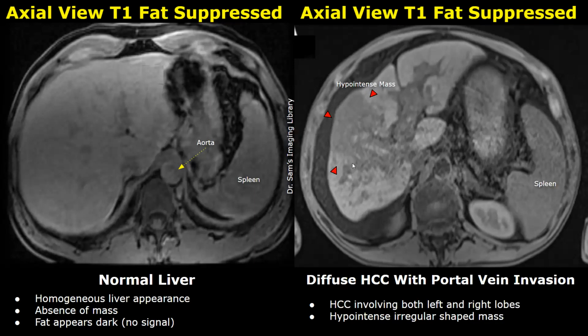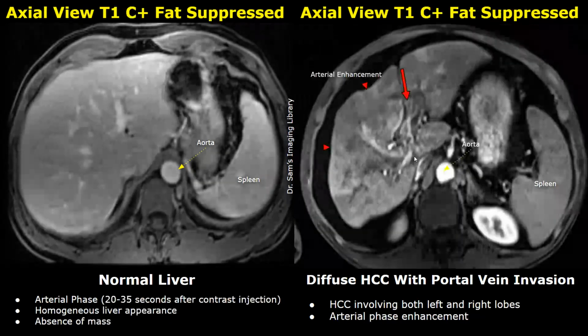This is a T1 fat suppressed image. The mass shows hypointensity, and it also shows portal vein invasion. This is a contrast enhanced T1 fat suppressed image.